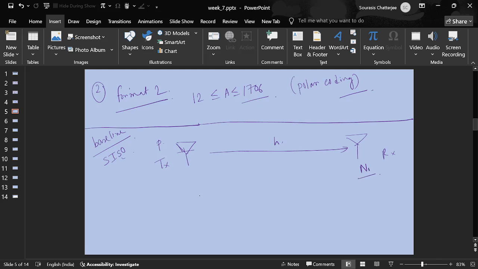So if I talk about the SNR, what is going to be the SNR in this case? That is the signal to noise ratio. You have a channel coefficient H, you are transmitting with power P, and the noise variance at the receiver end is N naught.